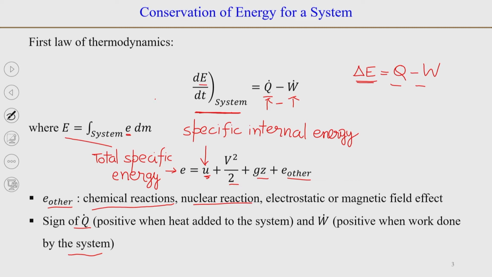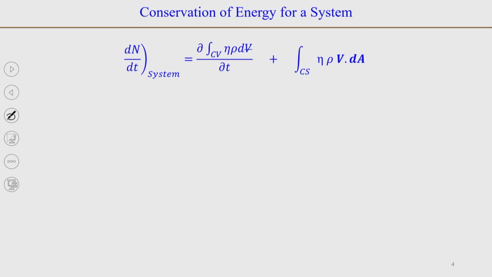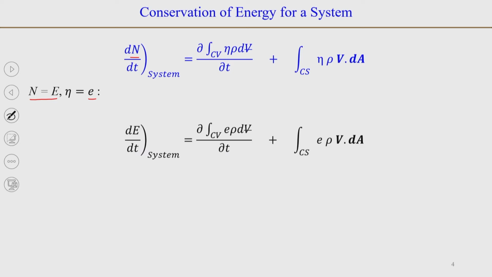At a particular time when the system and control volume coincide, Q dot and W dot are the same. So, we write the Reynolds transport theorem in terms of the general variable N, and substitute N equal to E, which is the total energy of the system, and the intensive property eta equal to small e, which is the total specific energy of the system.